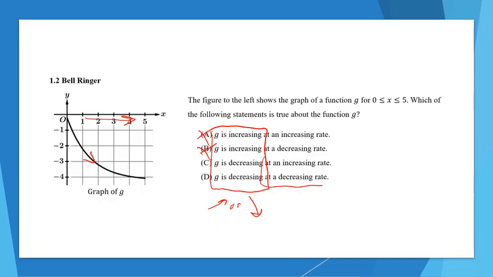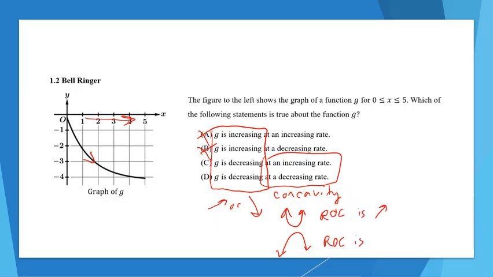Now the next part is a little trickier. This is talking about concavity. When it's talking about concavity, we want to see, is this function concave up or concave down? Now remember, when it's concave up, the rate of change of any concave up function will always be increasing.